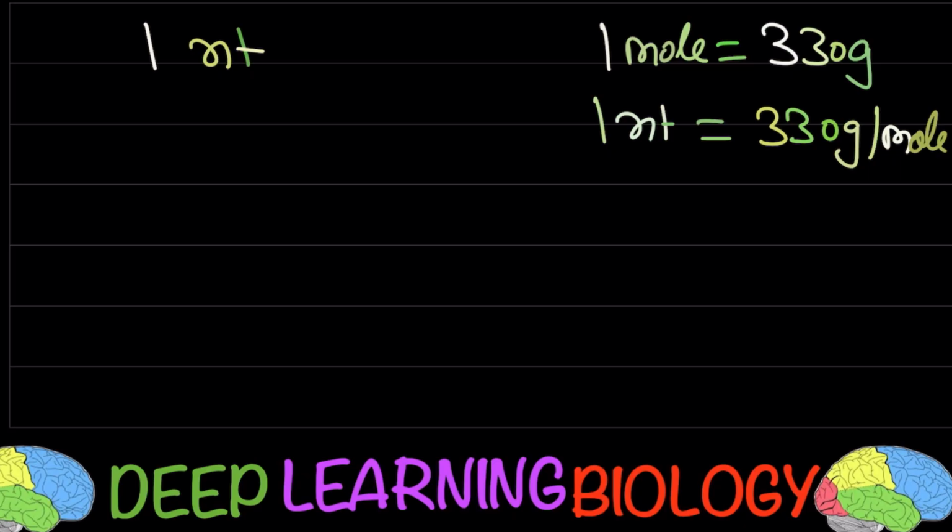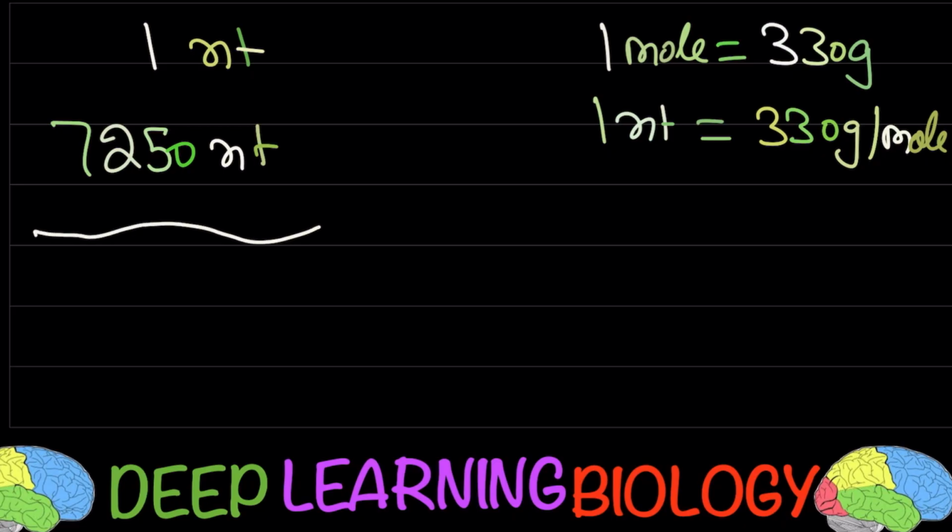Now here you are having 7250 nucleotides. Your DNA is going to have 7250 nucleotides. Consider each one as separate.